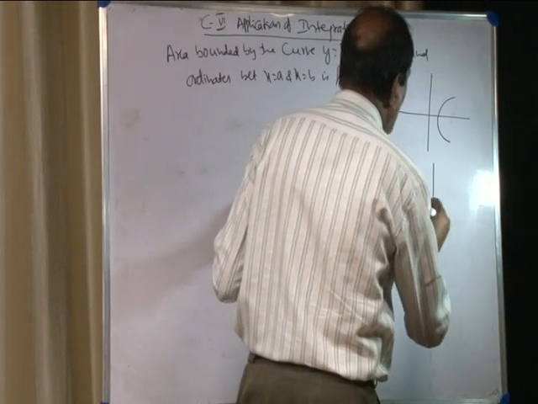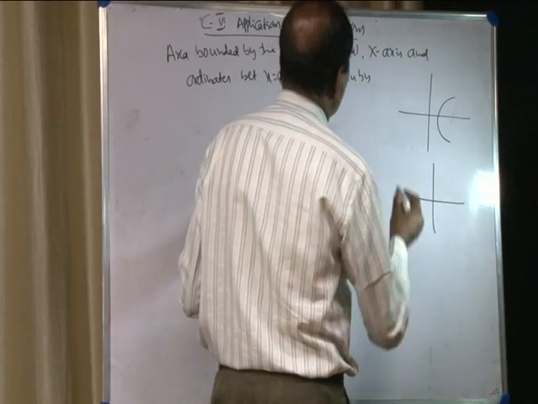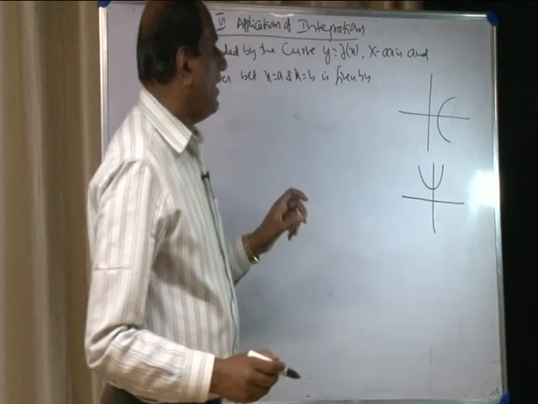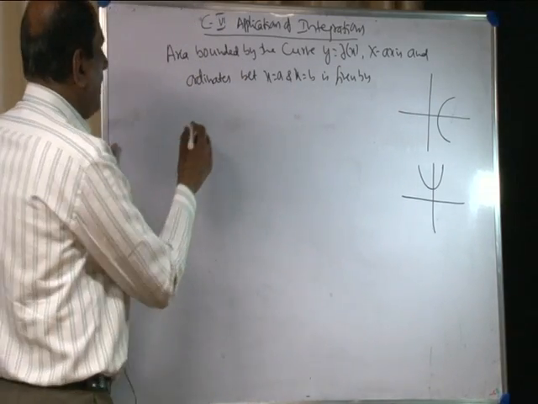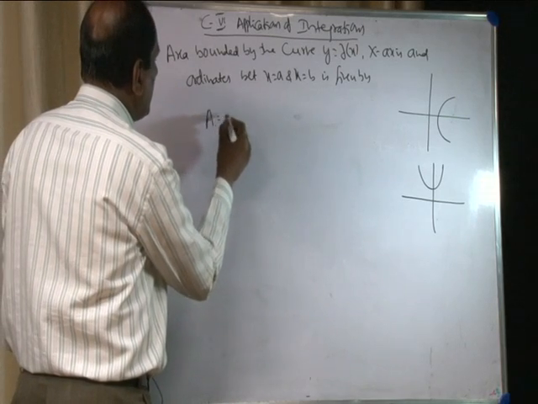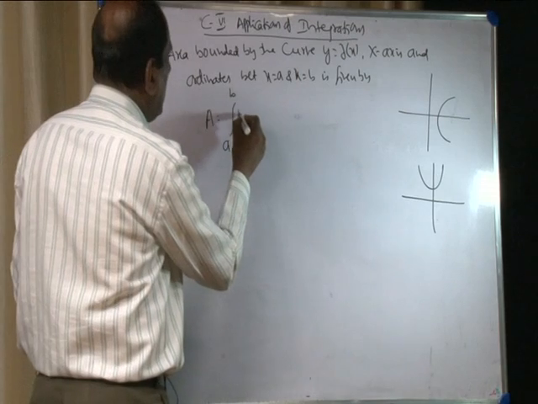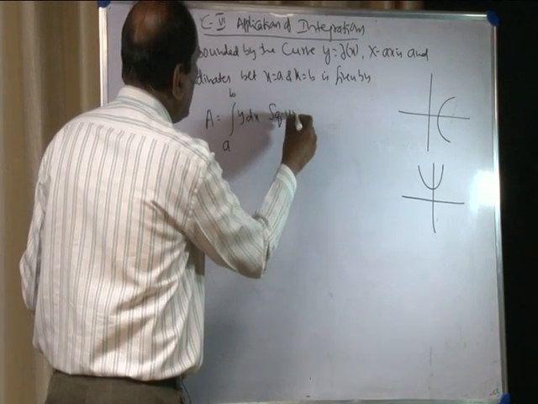Similarly, how to find the area bounded by the curve x is equal to f of y, y axis? The curve is like this. So, to find the area of that curve, the formula is given by area is equal to integral a to b y dx square units.